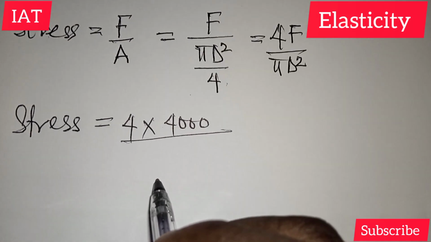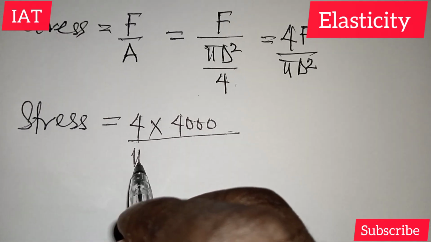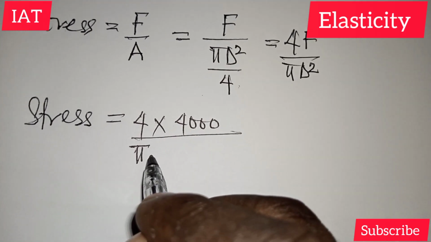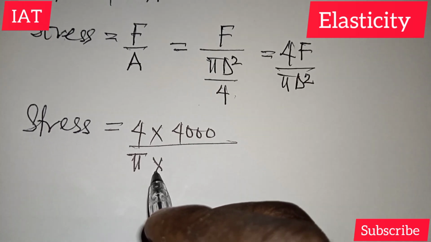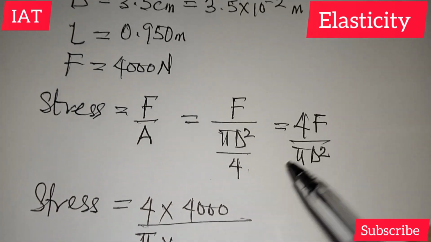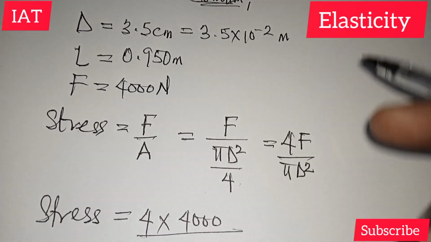Pi originally is 22 over 7, which is 3.142, and even if you put it as pi here, we know the value is approximately 3.142. That will multiply by the value of the diameter that has been given. What is the value of the diameter in the problem? It is 3.5, and we put it in this standard form.